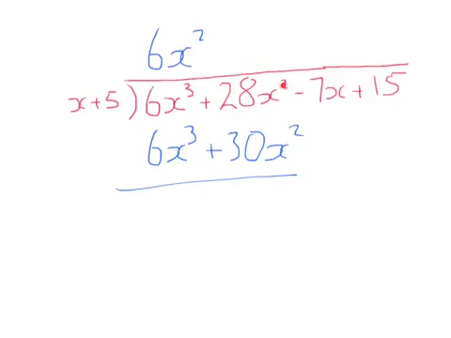Then 28x squared minus 30x squared makes minus 2x squared. The other bit that's affected is the x term, so all I do is bring it down: take this minus 7x and bring it down.